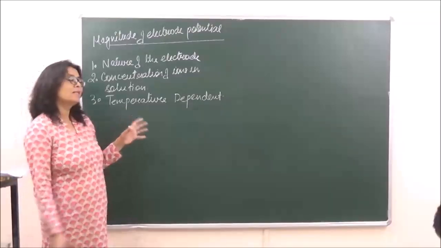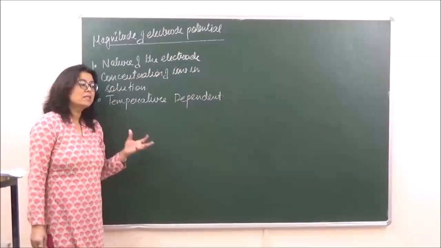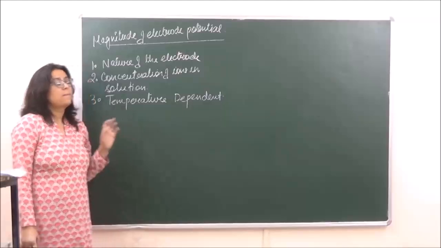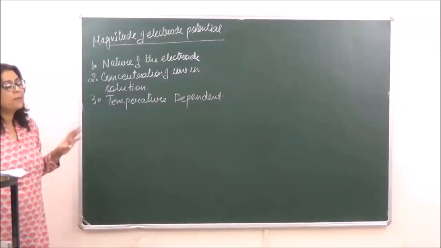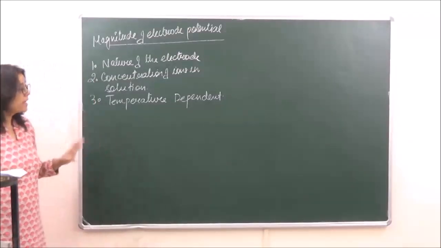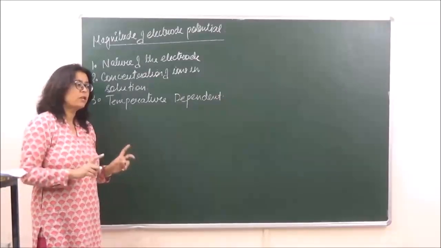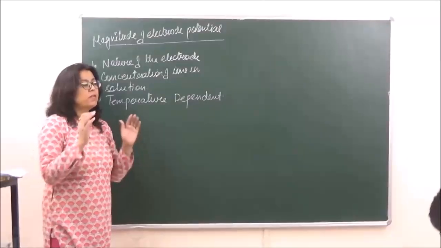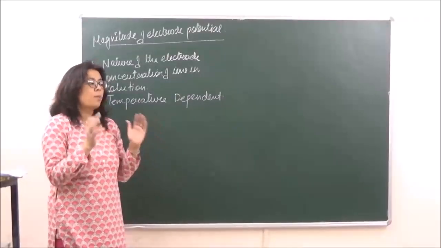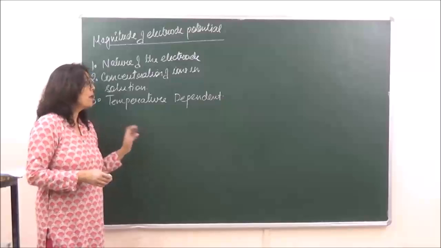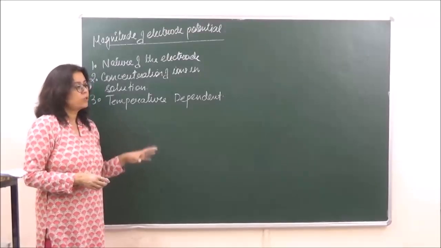By taking just one single electrode and one single solution, we cannot measure the electrode potential of that particular metal. For that we need a couple, okay? Singly we cannot calculate, so we need a couple. We need 2 half cells operating simultaneously to calculate the electrode potential.